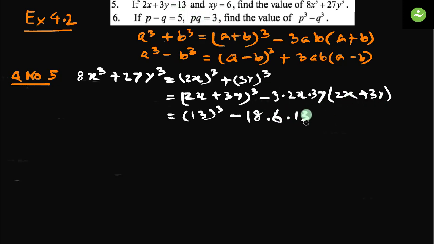So 13 cube means 2197. 2197 minus 18 into 6 into 13 equals 1404.